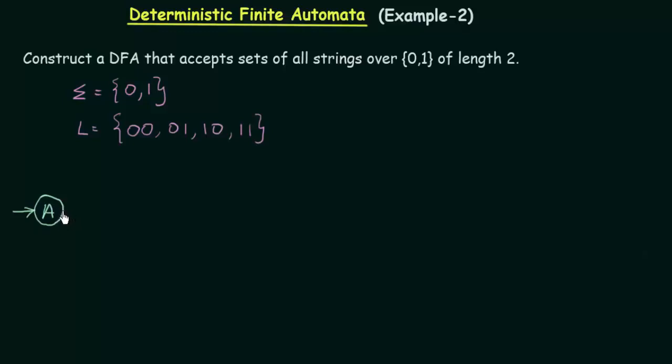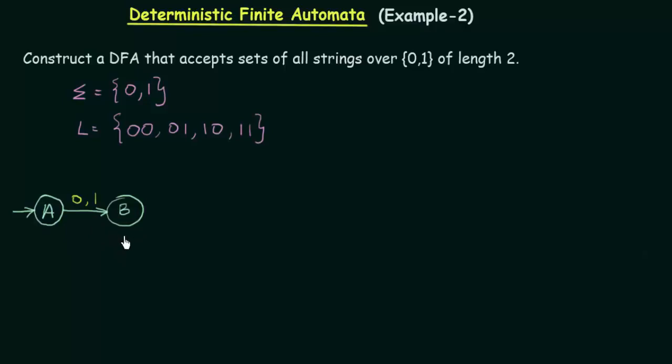Here it does not matter what the starting symbol is. It could be either 0 or 1. The only condition is that the string should be of length 2. So whether I get input 0 or 1, I send A to the next state, which I will call B. Okay, at this point when I reach state B, what is the length of my string?